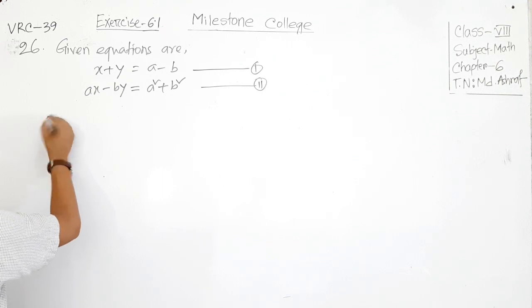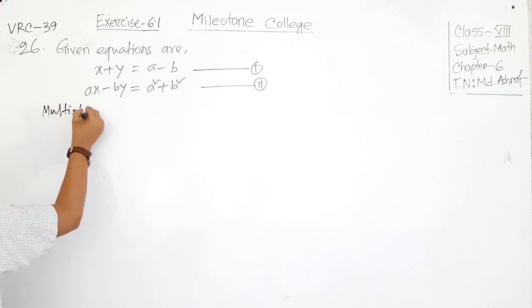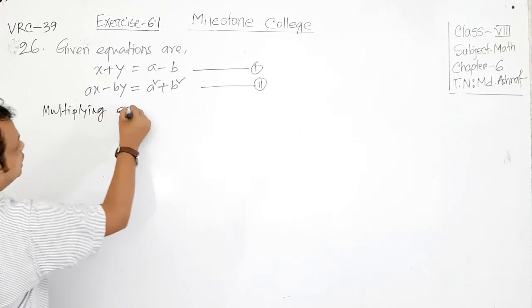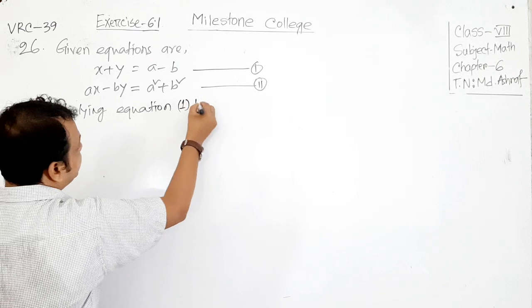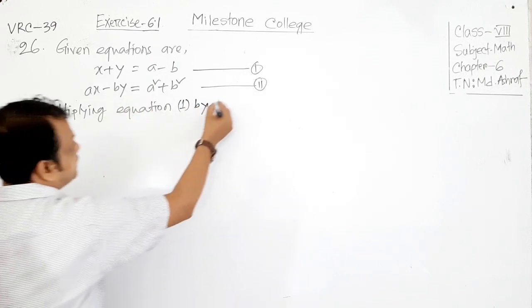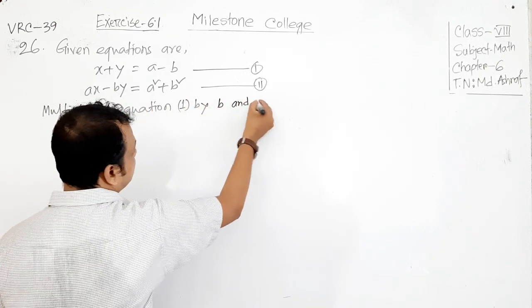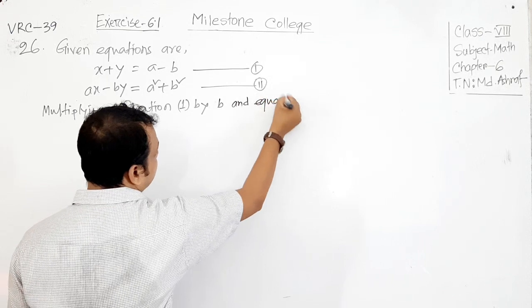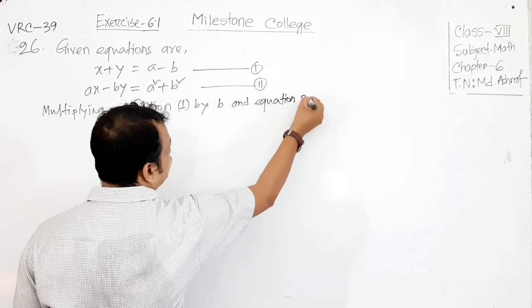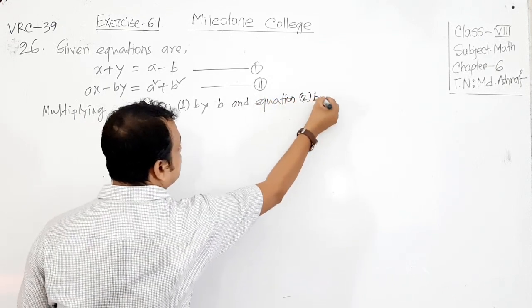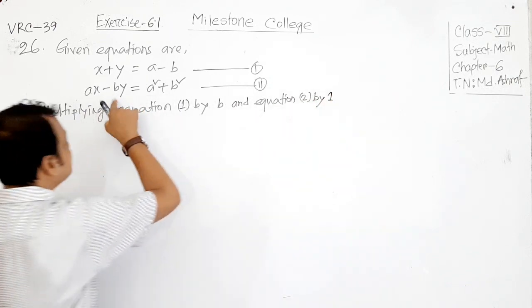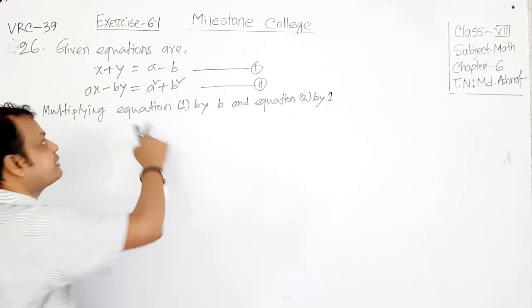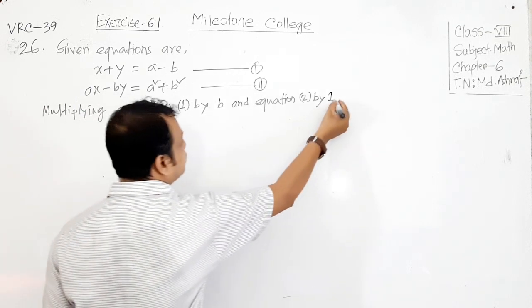Then multiplying equation 1 by b and equation 2 by 1, there is nothing, it will be exactly the same. So we will say multiplying by 1. Then we will write, we get.